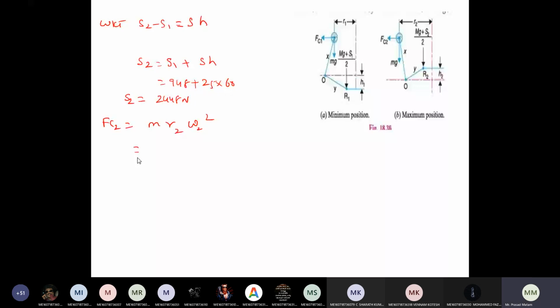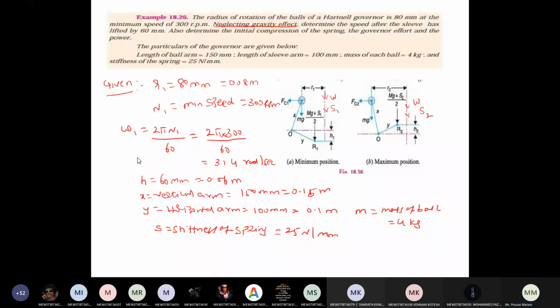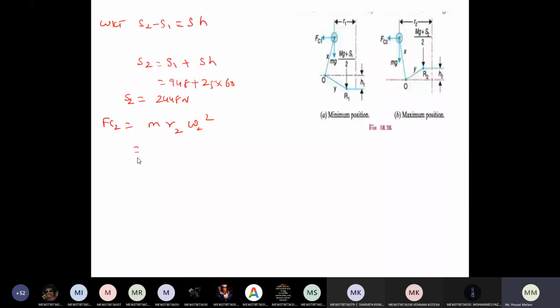R2 170 mm we got. Okay, R2 is there. Mass of the ball is given, M is equals to 4 kg we need to keep. Mass of the ball is 4 kg. Radius of rotation is 170 mm, 0.17. That is omega 2, 2 pi n2 by 60 whole square.